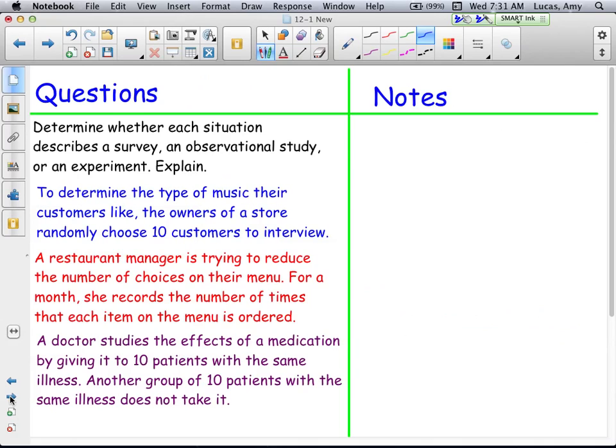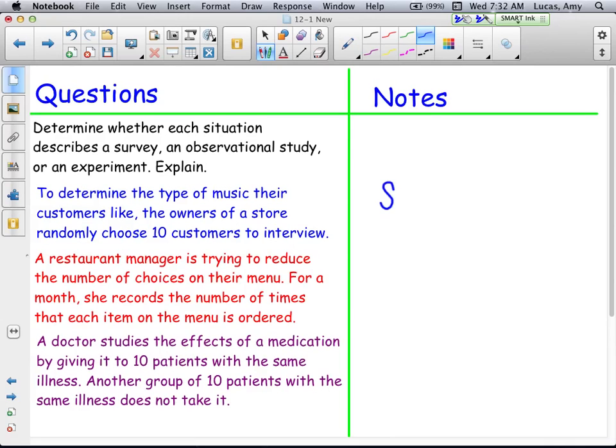Okay, determine whether each situation describes a survey, an observational study, or an experiment, and explain. To determine the type of music their customers like, the owners of a store randomly choose 10 customers to interview. So this is a survey. They're interviewing people and they're asking them about what type of music they like.